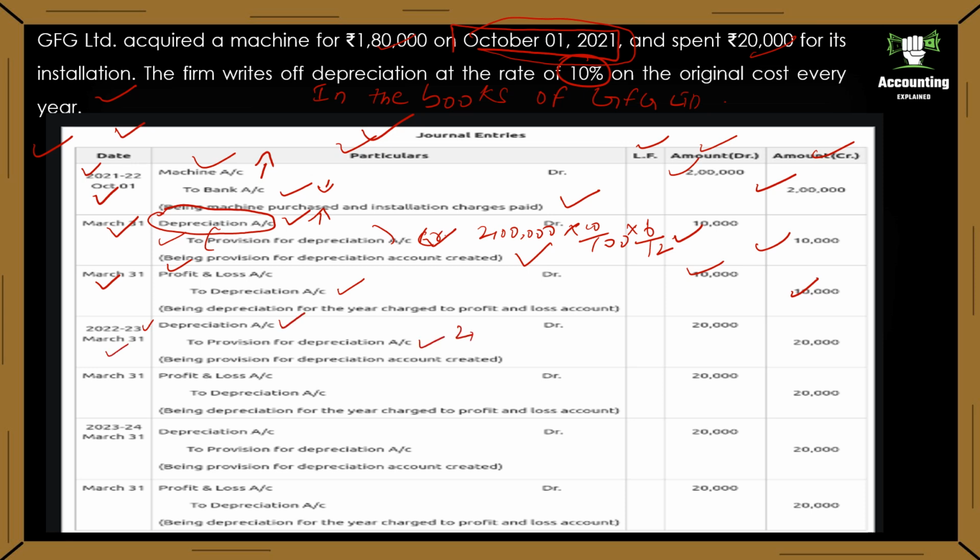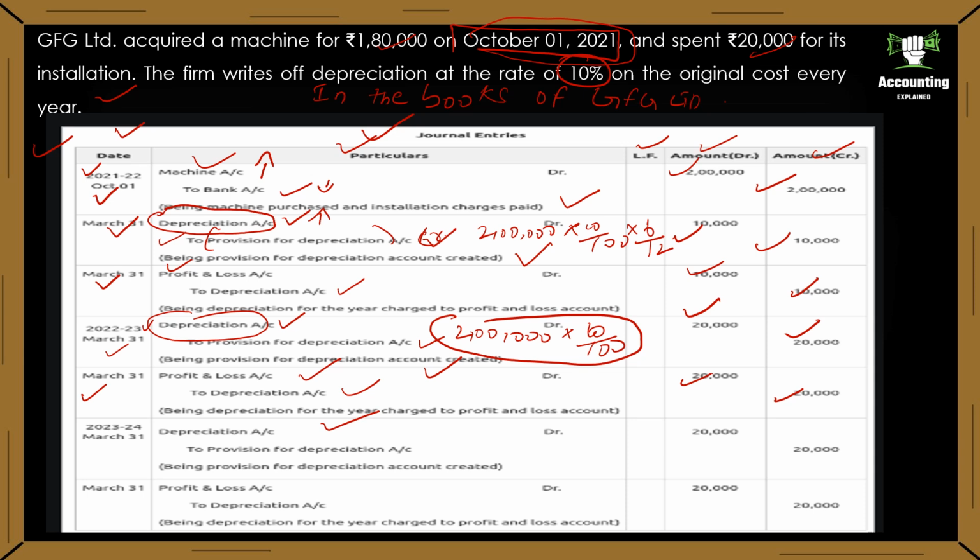For this, the depreciation amount will be for the whole year because this is the second year. 2 lakh into 10 by 100 is 20,000, 20,000. Being provision for depreciation account created. Next on March 31, transfer this depreciation to P&L. P&L account debit to depreciation. Being depreciation for the year ended, charged to P&L account. 20,000, 20,000.